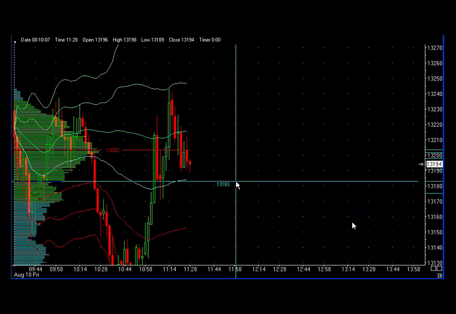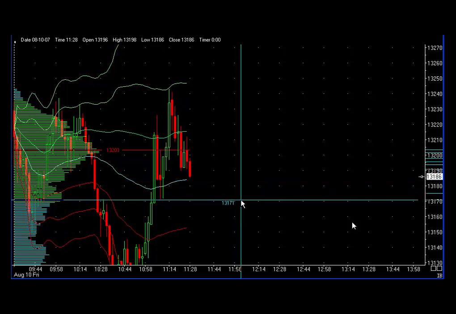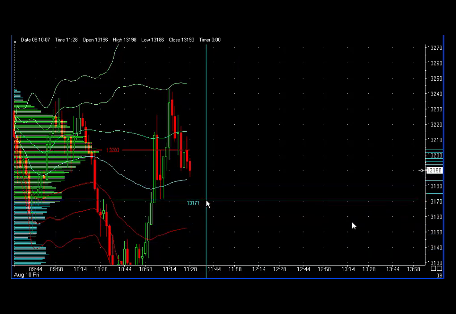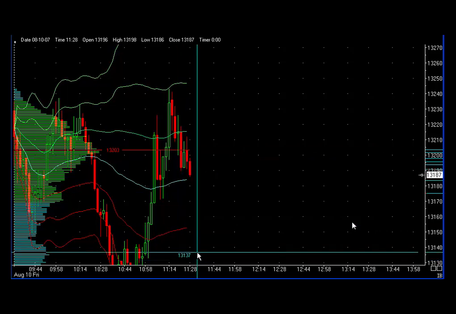Okay, market seems to be moving down. Heading down back into the safety of the negative skew. This is where most of the trading has gone on, from the peak volume price on down to the low.